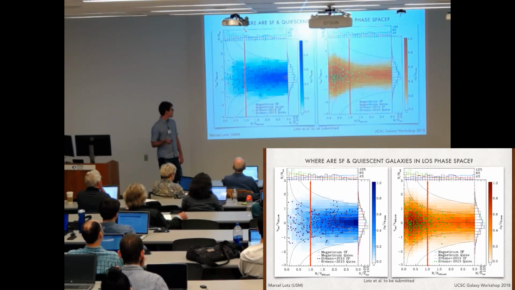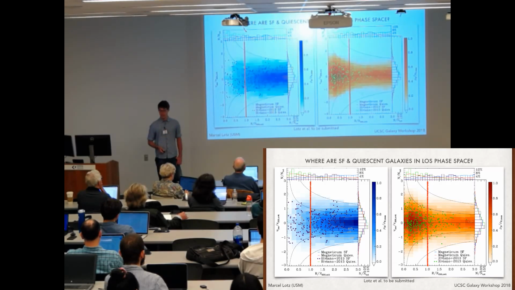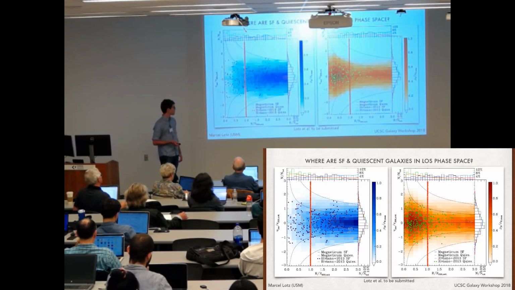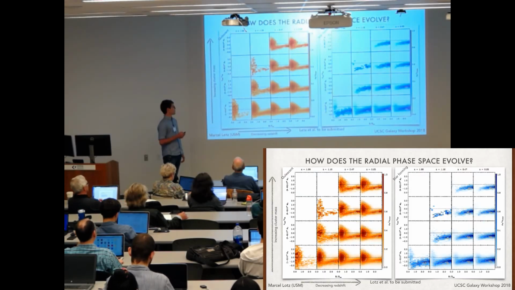And what you see is this complementary nature of these two populations. So in the inner regions, you are dominated by quiescent galaxies, whereas the outskirts have a much higher probability of having star-forming galaxies. So that's pretty much in line with expectations.